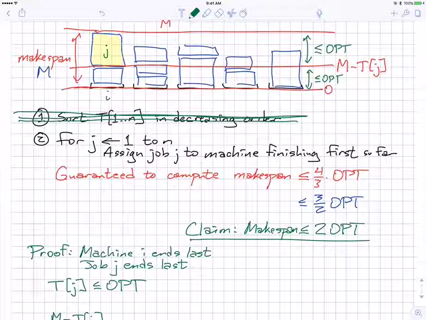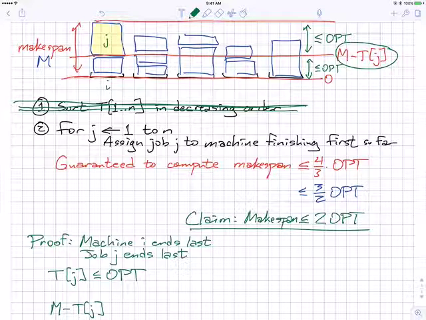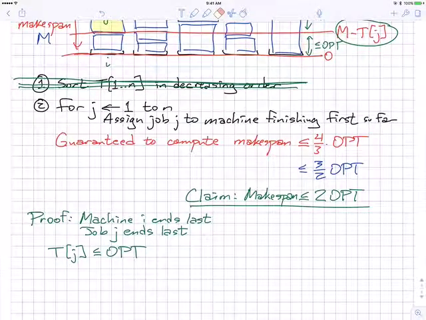So what else do I want to say here? Somehow I need to come up with another way of proving something about this quantity, makespan minus t of J. Before I go directly into this, maybe another thing I should point out is the strategy that we're using here to try to prove this upper bound on the makespan of the algorithm: I'm really trying to prove a lower bound on optimum.